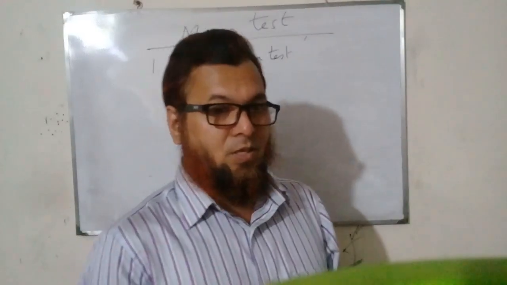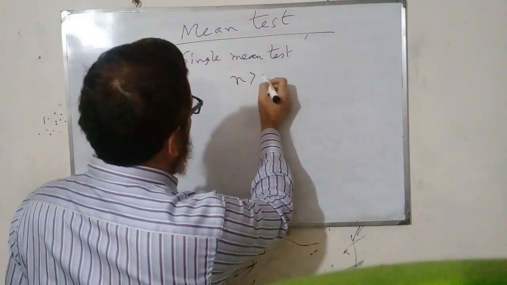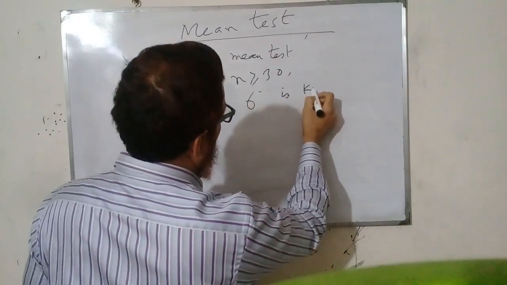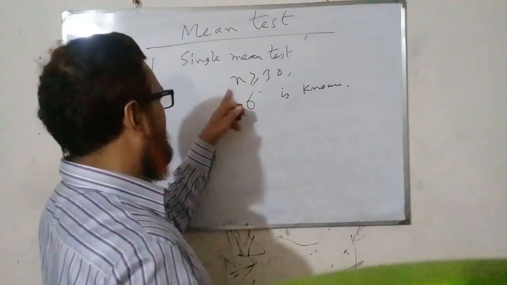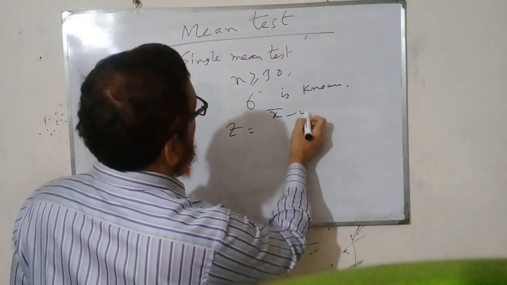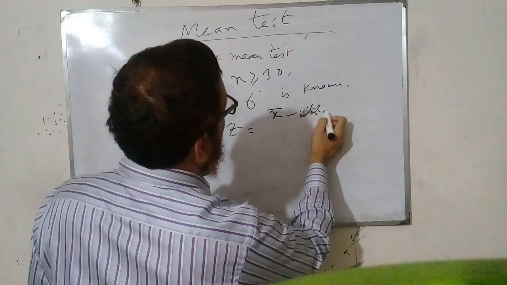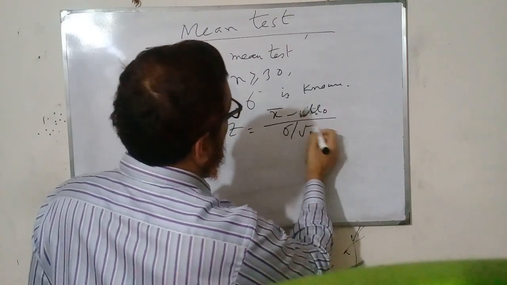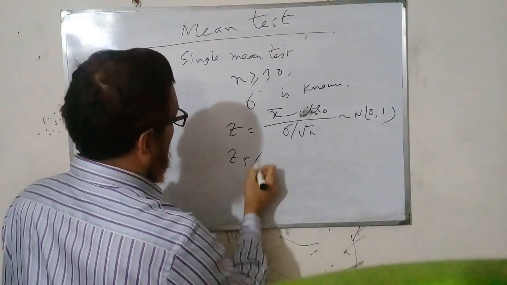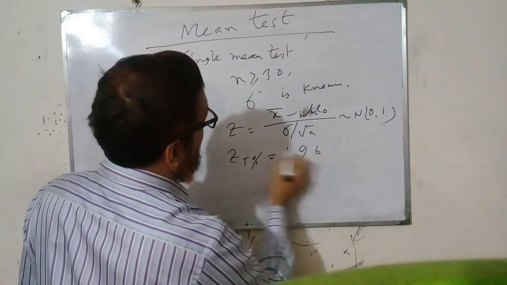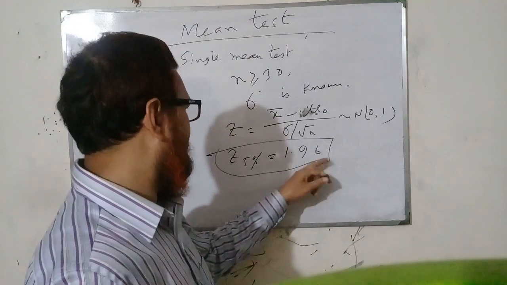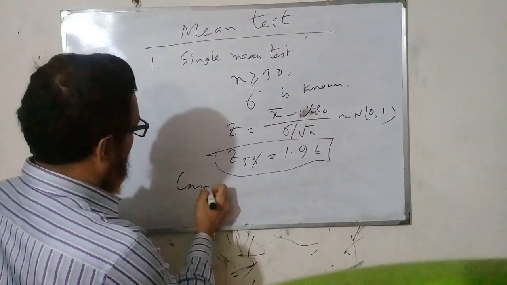In the single mean test, if the sample size is large and sigma is known, then we can use the z test. The z value at the 5% level is 1.96; this is a fixed value.